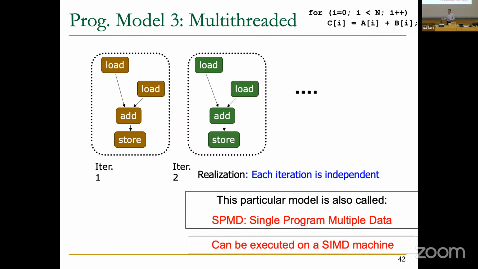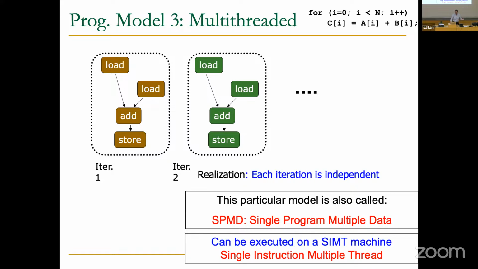And it can be executed on a SIMD machine. And that's what a GPU is basically. A GPU is programmed using the single program multiple data paradigm, and a GPU acts like a SIMD machine. Whenever it realizes that these threads are actually executing the same load, it combines them. This is also called single instruction multiple thread in NVIDIA terminology. Not a bad terminology, I think.